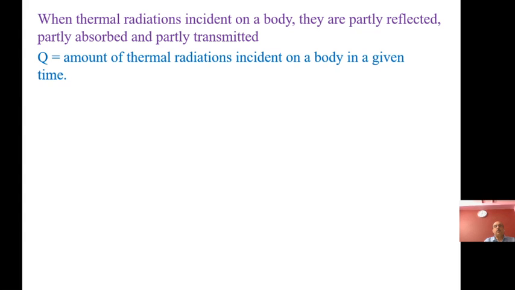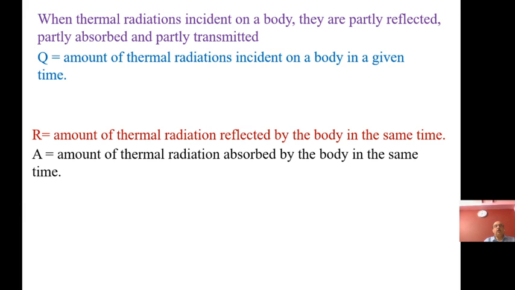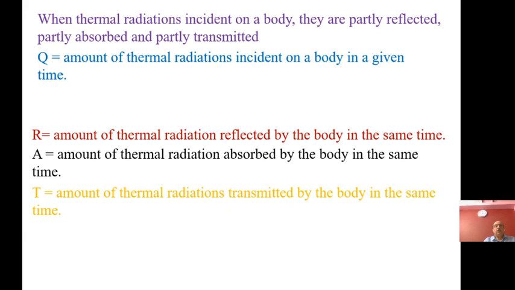As we discussed here, Q was the thermal energy, R is the amount of thermal radiation reflected from the body, and A is the amount of thermal radiation absorbed by the body in same time. T is the amount of thermal radiation transmitted by the body in same time.